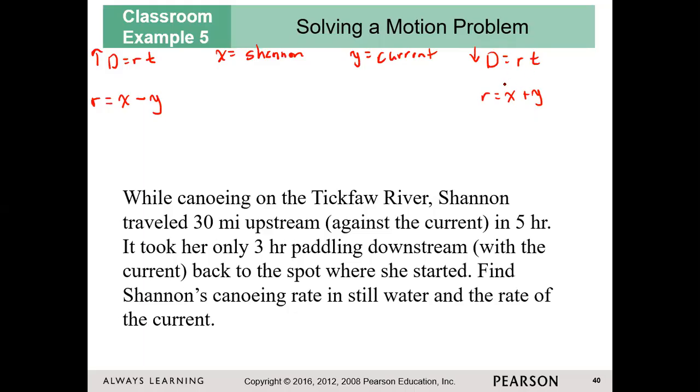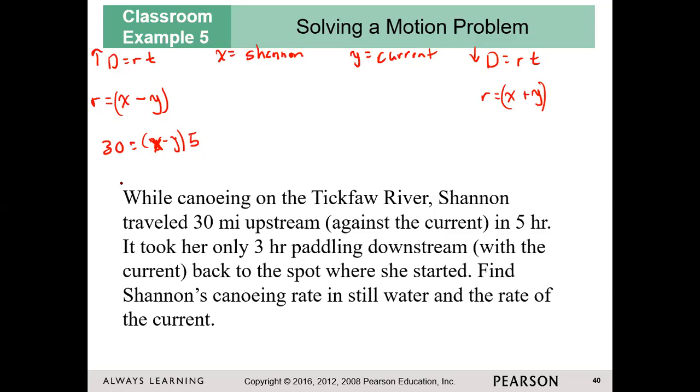So we have everything here that we need to be able to do this problem. So this is going to be 30, because that's the distance, is equal to her rate, which is X minus Y, times the 5 hours it took her to do it.